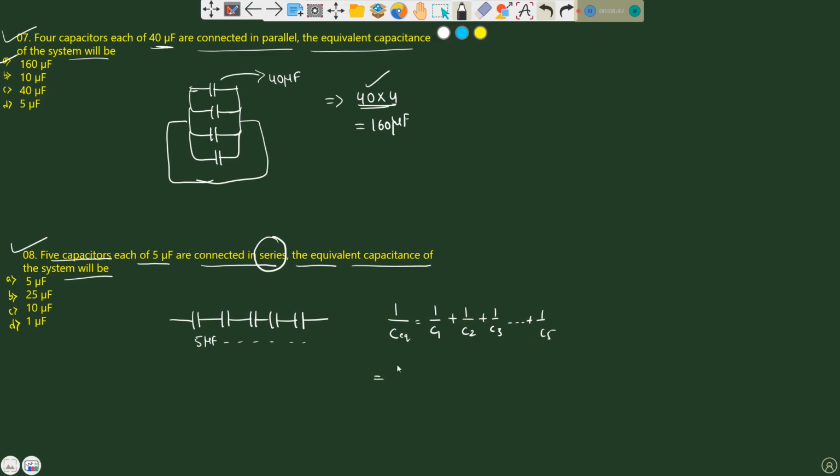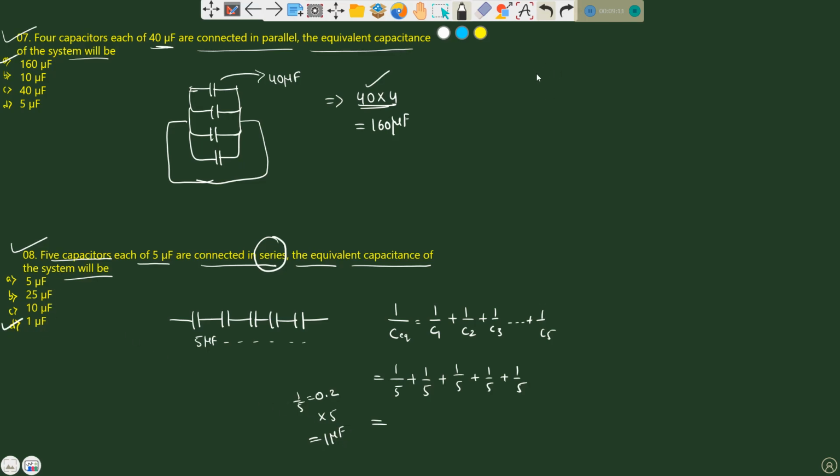Then it will be 1 divided by 5 plus 1 divided by 5 plus 1 divided by 5 and so on. So 1 divided by 5, what is the value? It's 0.2. So 0.2 times 5, it will be 1 microfarad. So option D is the answer.